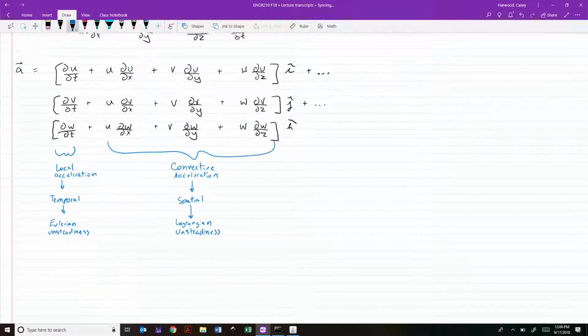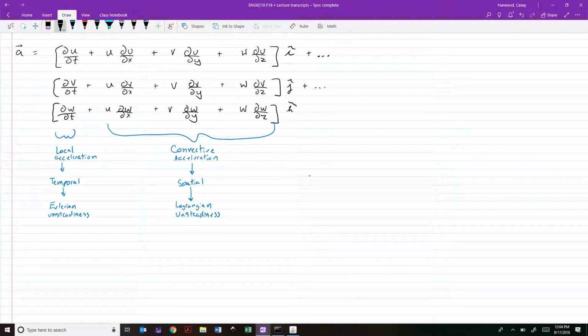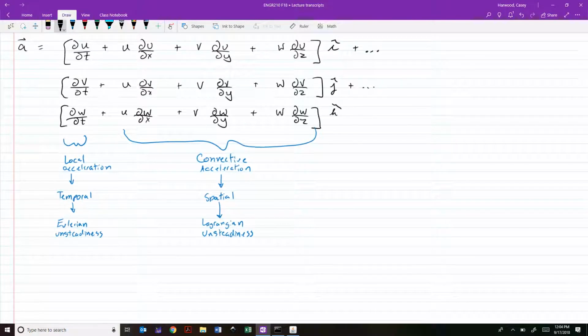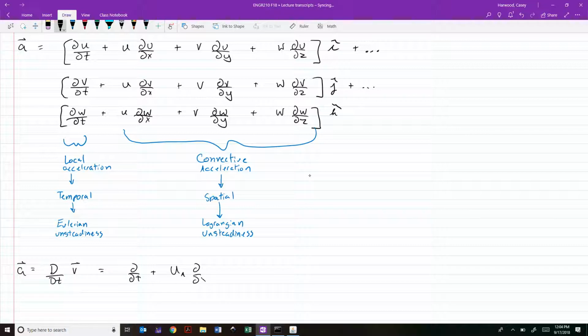And in fact, we would write that more compactly using this right here: d/dt, plus u d/dx, plus v d/dy, plus w d/dz, applied to the velocity.